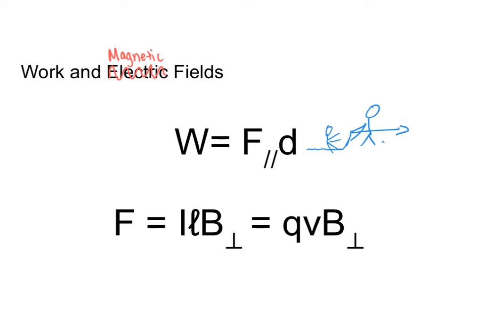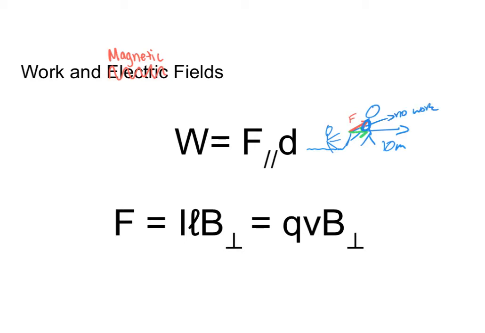Say I'm pulling it 10 meters to the right, and say that my force is at some angle. The only part of my force that is going to do any work is the part that is parallel to the distance that is traveled.